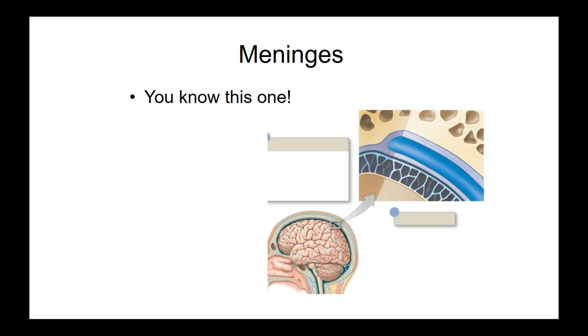And so you can kind of see this when we look at a cross-section here. You can see that the pia mater is closely associated with the nervous tissue, and then this with kind of spider-like projections, guess what layer that is? Arachnoid mater, right? And then here, the dura mater.